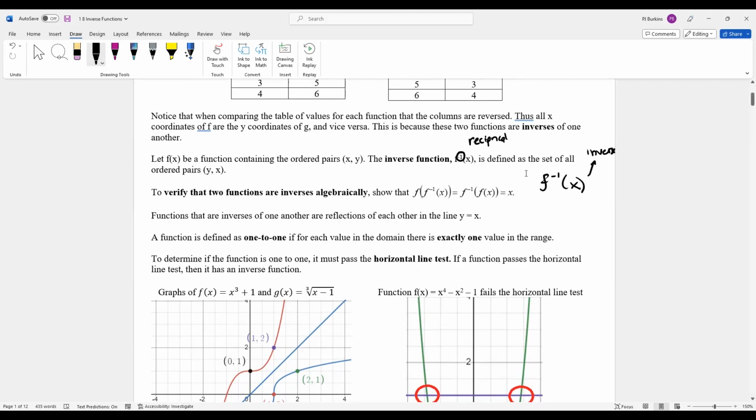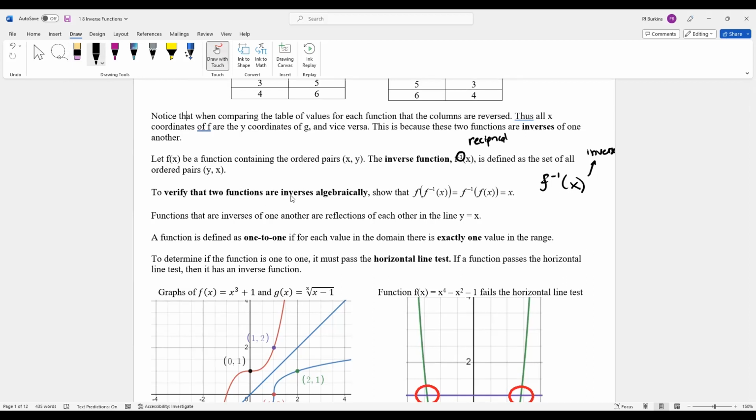That's actually a really bad notation, and I've never liked it, but I wasn't the one that came up with it. So just keep in mind that the f to the -1 really means the inverse function. Okay, so the ordered pairs are x, y, and for the inverse function, those pairs are y, x, which is what I just stated above.